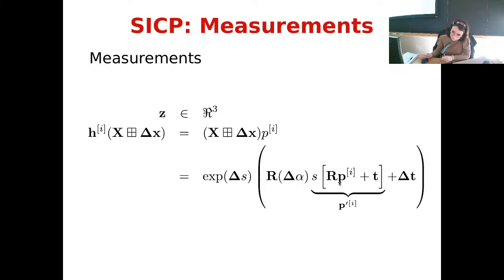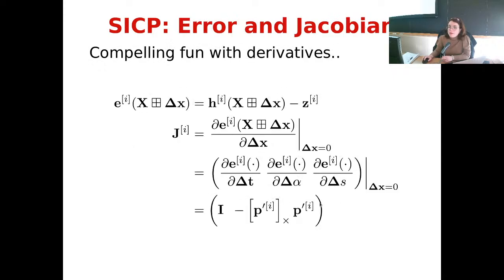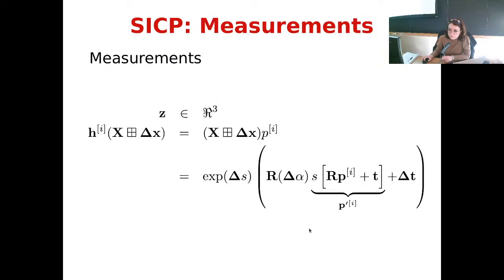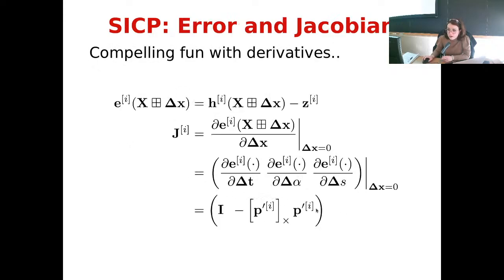So when you do the derivative with respect to delta alpha, in the end it's a derivative of r delta alpha pi prime, which we already know how to compute. And then finally, you have the derivative with respect to delta s. Again, it is computed by saying that the derivative of the exponential is again the exponential, which computed in 0 is 1. So you have 1, which multiplies pi prime, and in the end, it's pi prime.